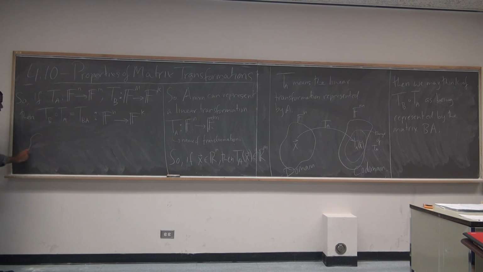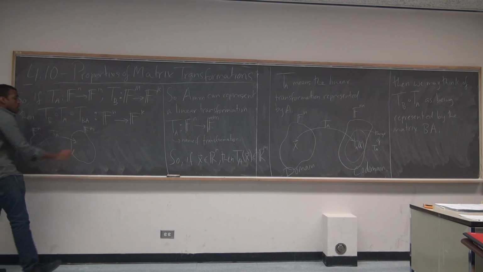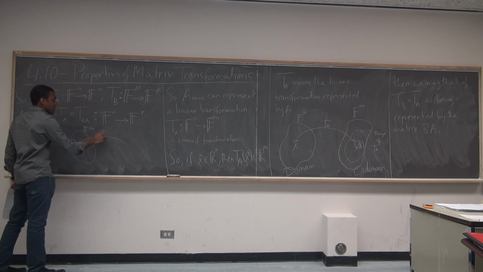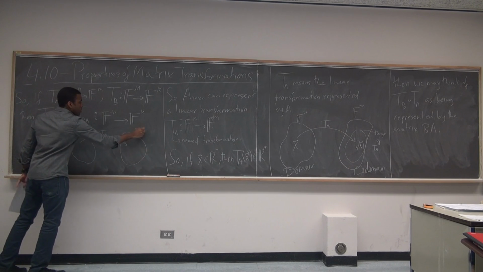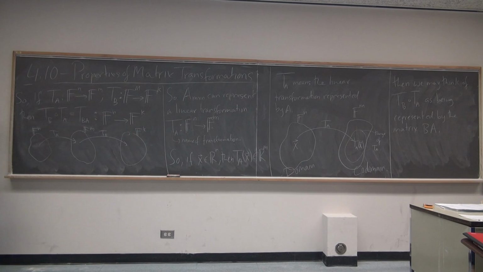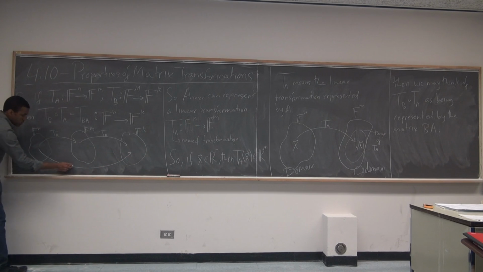So you can be over here. This is your Fn. TA gives you an output over here in Fm. Then TB takes that guy and puts it in another space called Fk. And what you can think of a composition as doing is cutting out the middleman and going straight from this one right to that one. That would be your TBA. Right? A is applied first, B is applied second.